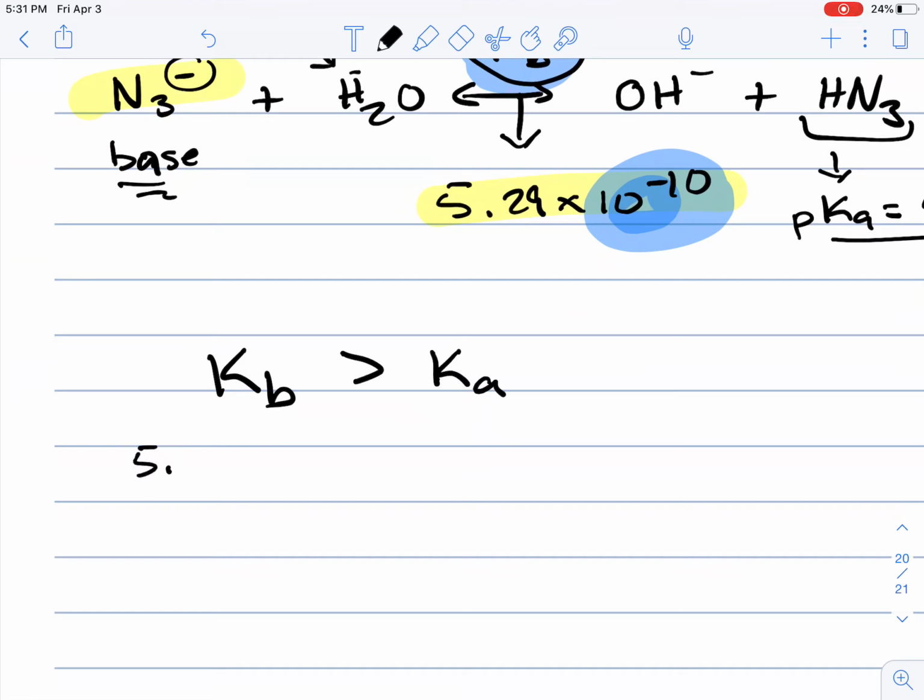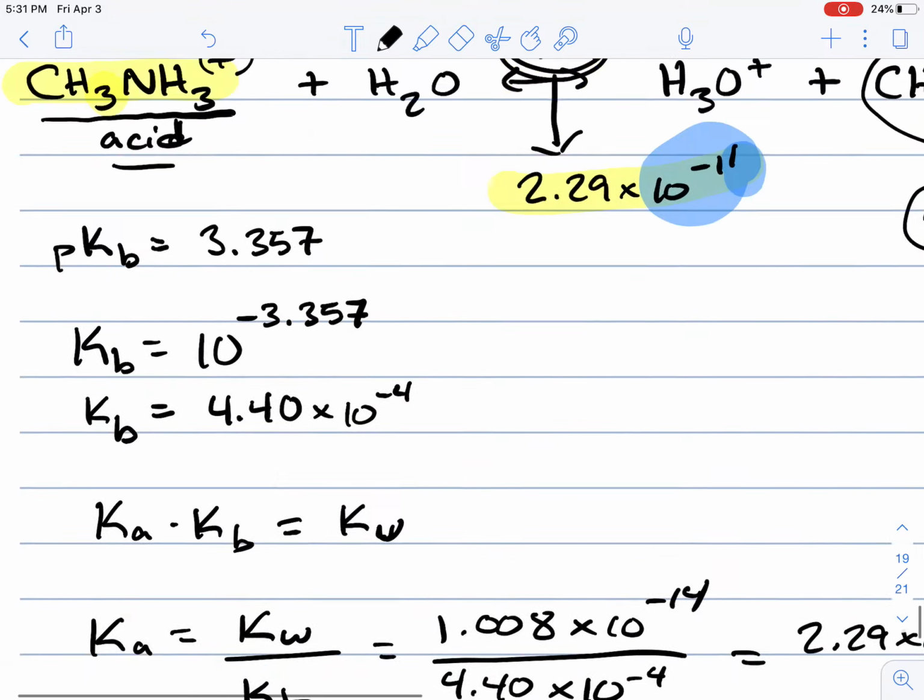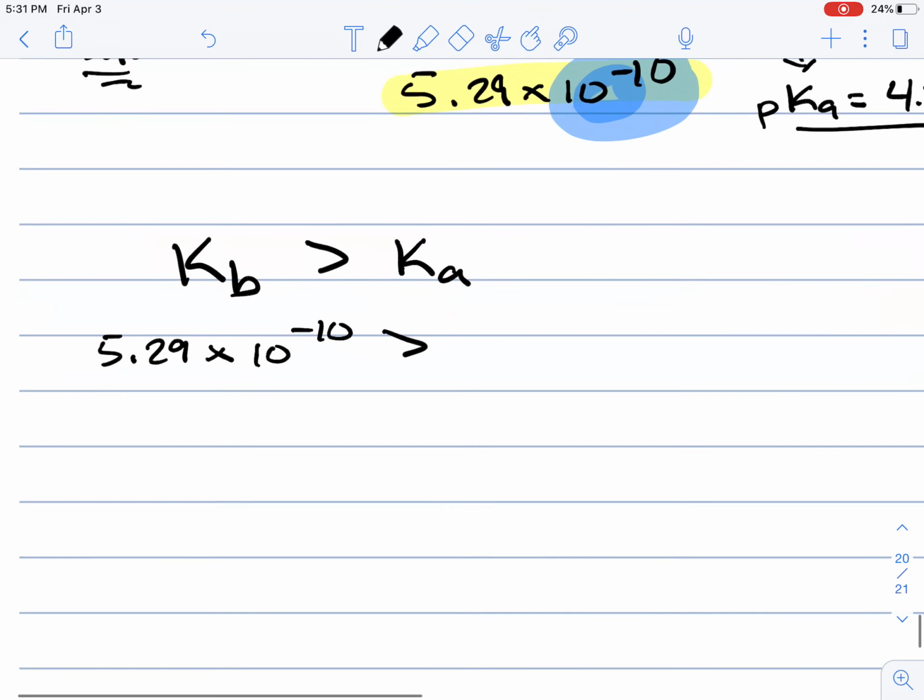So 5.29 times 10 to the negative 10 is greater than 2.29 times 10 to the negative 11.